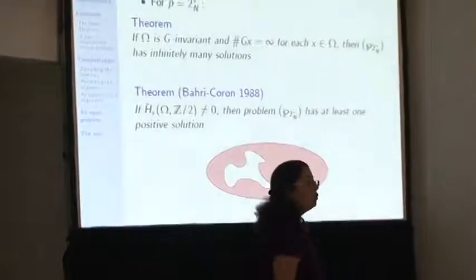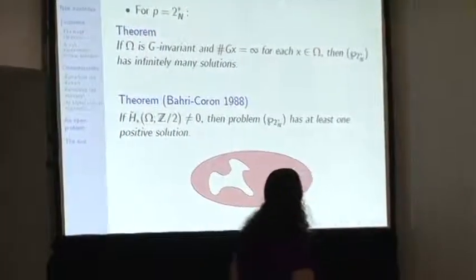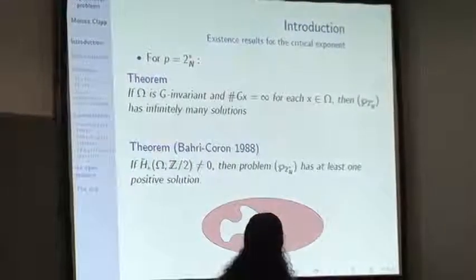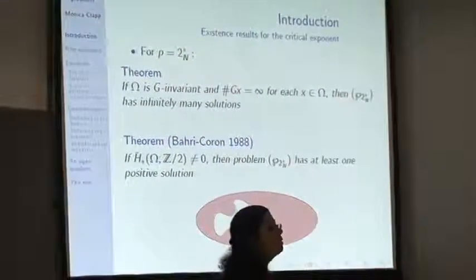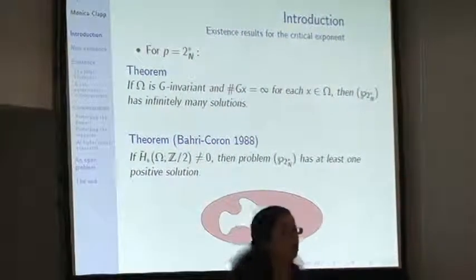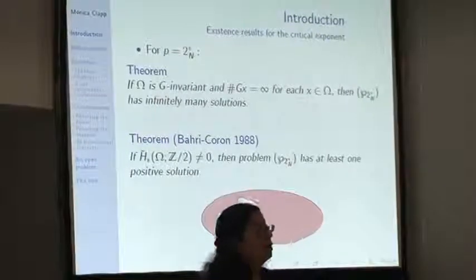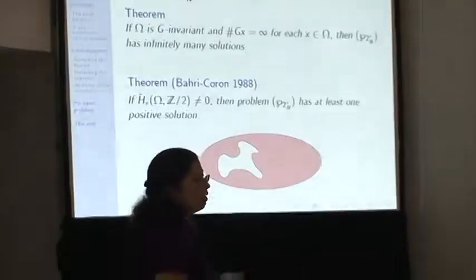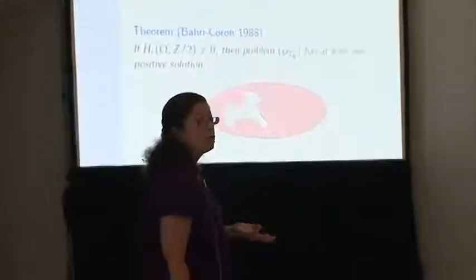The proof is non-trivial, and that is all you can say. One doesn't know if, under this assumption, the problem has more than one solution, whether it has multiple solutions. I will give you further on a result which furnishes some conditions to obtain multiplicity.